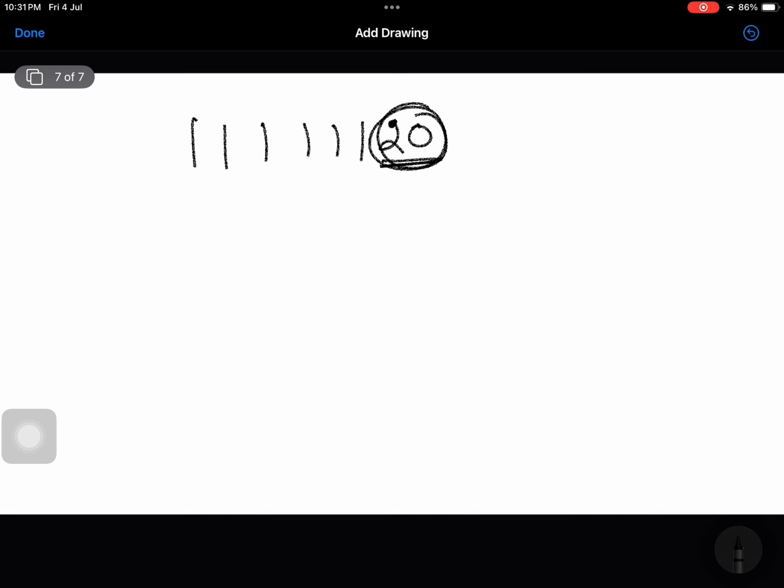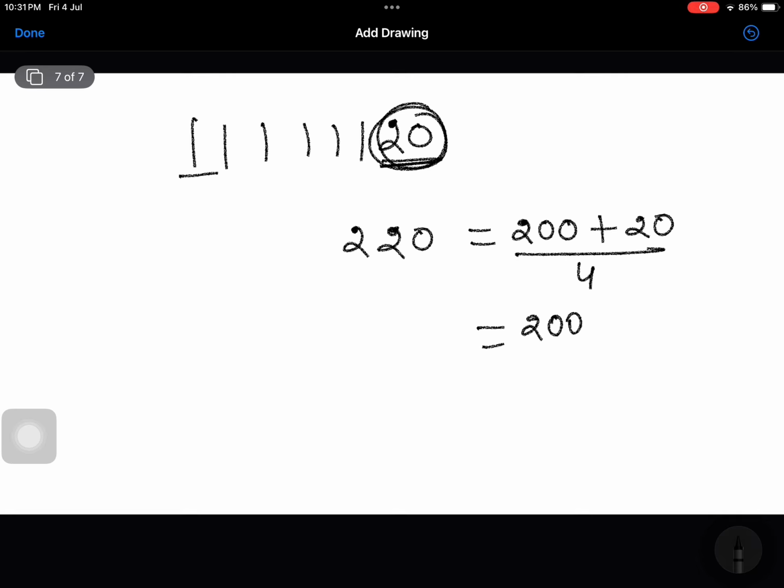Now, does it work only for numbers that have multiples of 100 looking like 100,000? No, any multiple of 100 would work. So take 220. You can think about it. 220 would be 200 plus 20 divided by 4. So 200 by 4 plus 20 by 4.